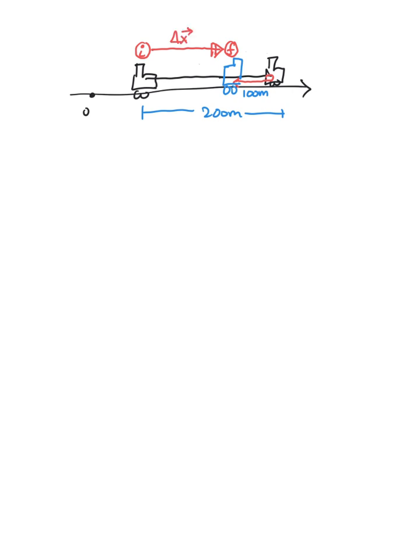And since that vector is to the right, in one dimension, remember the direction right is going to be assigned a positive sign. And then the shortest distance between the starting point and ending point is going to be 100 meters, which is what this distance is here. This distance would be 100 meters, because it would just be the 200 minus the 100. So this would be the displacement of the car.